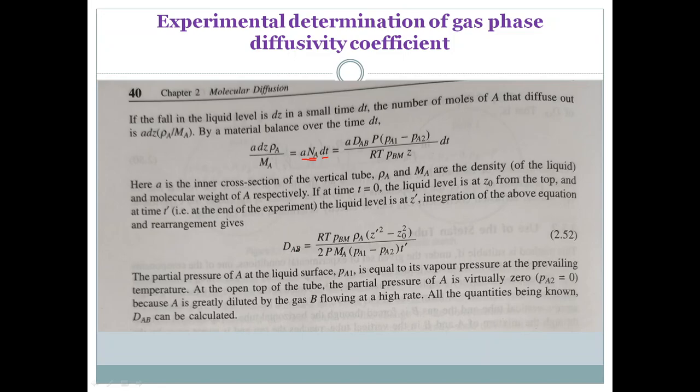Then DAB will be RT PBM rho A times z square minus z0 square by 2 MA P into Pa1 minus Pa2 into t dash.